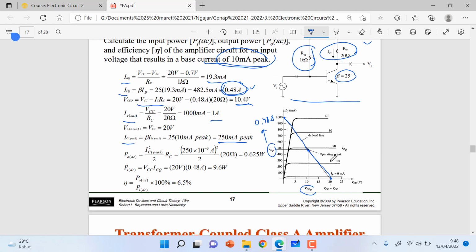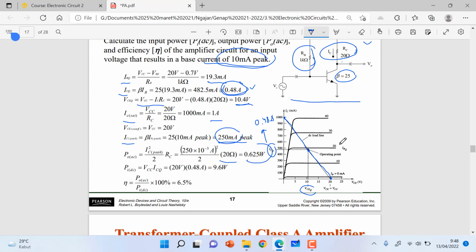Then output power is IC peak squared per 2 RC. So we can put this one, 250 milliampere squared per 2 multiplied by 20 ohm. We can get that 0.625 watt.